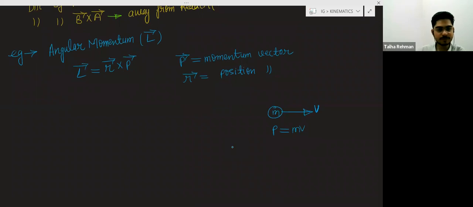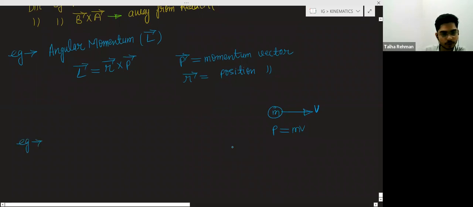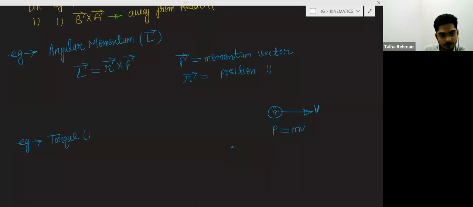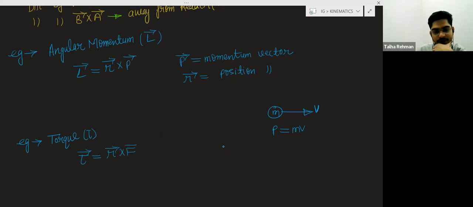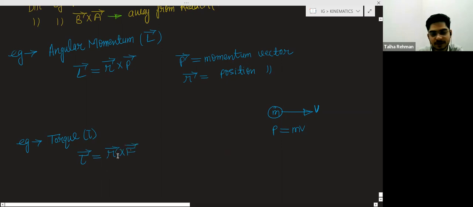There is one more example, torque. Do you know what is torque? Tau. Torque is an axial vector, and it is also r cross F. r means the position vector, cross F, the force vector.